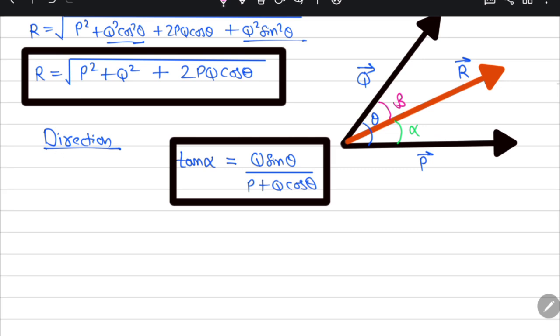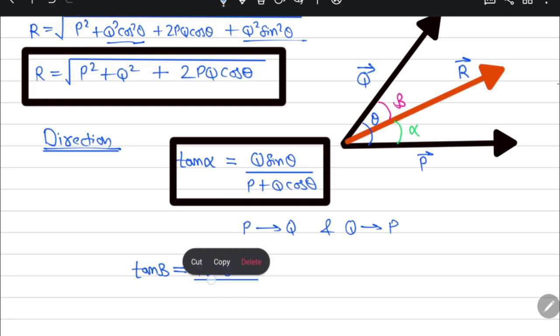So if I find tan alpha, I can also find tan beta. Tan beta, how can we find? Just we have to replace P by Q and Q by P. So I directly got tan beta is equal to P sin theta upon Q plus P cos theta.